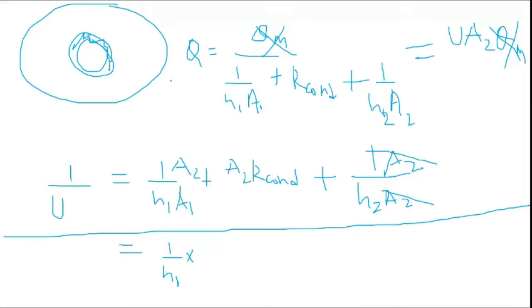Can anyone tell me what the A2 value is? What will be the area for heat transfer? Yes, it is the reciprocal, it is 1 by U only. Okay, can anyone tell me what A2 is equal to?